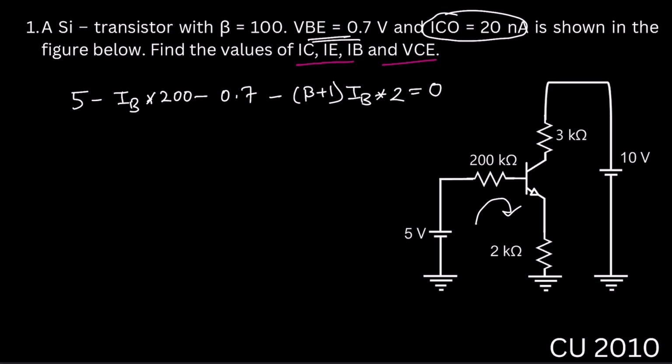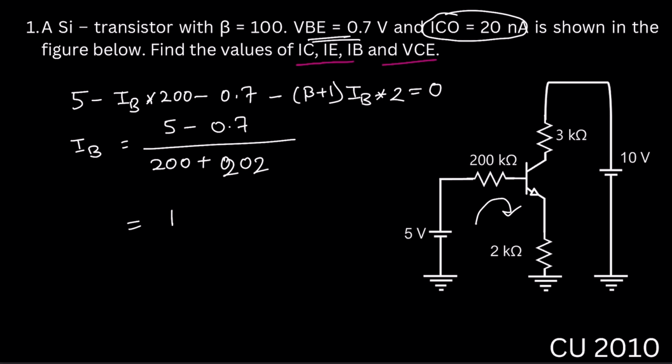From here we can get IB equal to 5 minus 0.7 divided by 200 plus 202, as beta plus 1 is 101, and 101 multiplied by 2 is 202. This is equal to 10.69 microampere, or we can write 10.7 microampere.